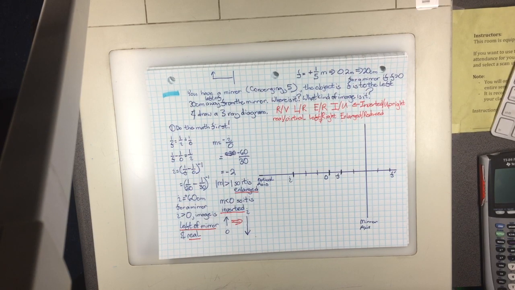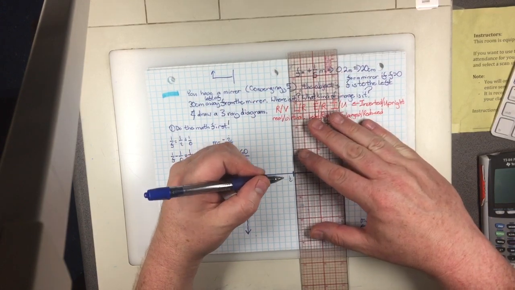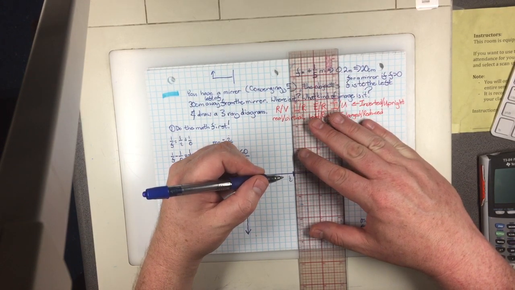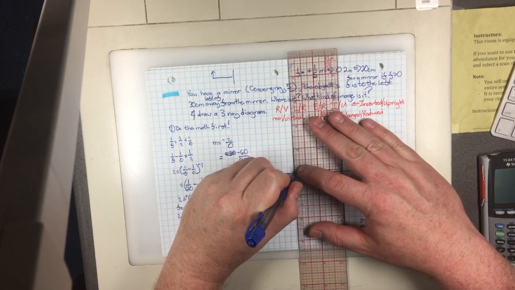And what I do now is, the magnification is -2, which means that the image is going to be larger than the object. The object will be half the size of the image. So I pick something that I can easily convert and make the image big enough, but not too big on the page where it scrolls off.